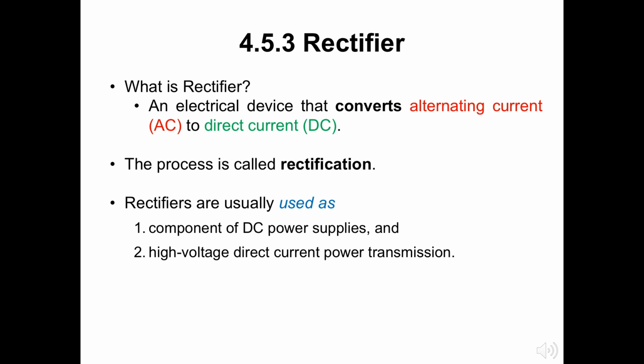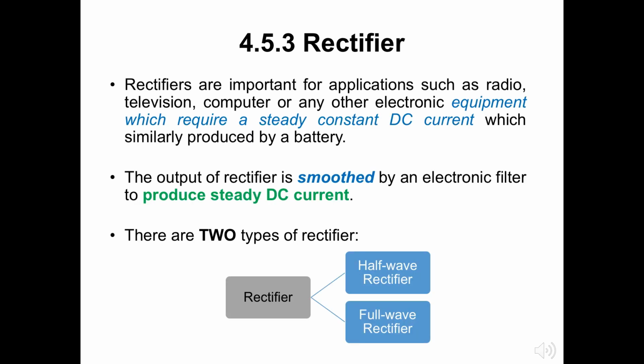In gas heating systems, flame rectification is used to detect the presence of a flame. As in the several examples given in the last slide, rectifiers are important for applications such as radio, television, computer, or any other electronic equipment which requires a steady constant direct current, similarly produced by a battery.